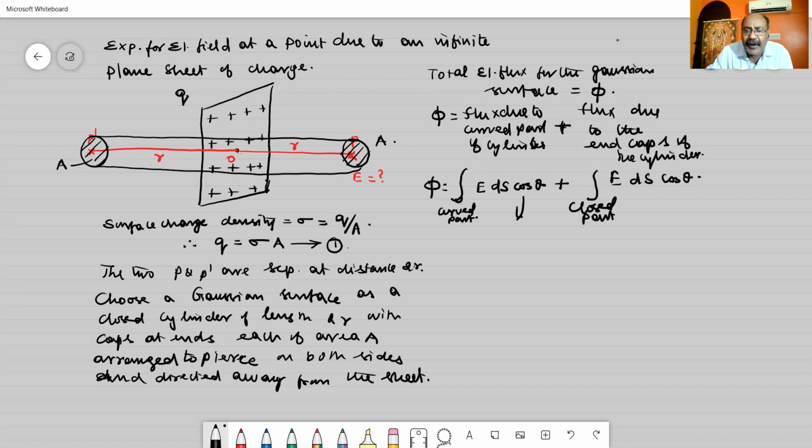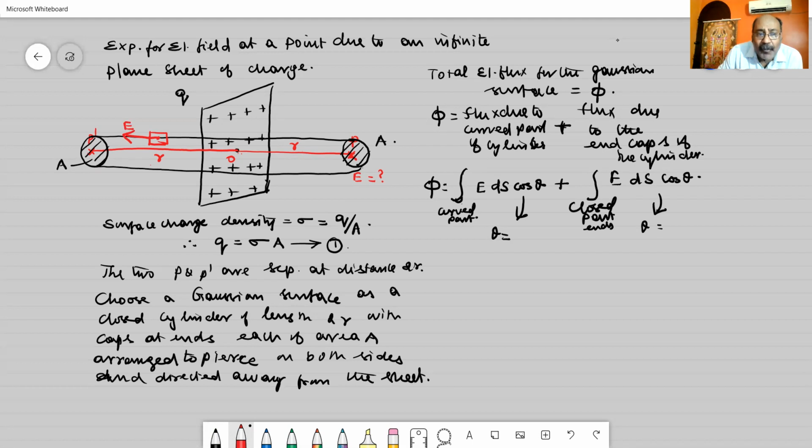See, in the curved part, what is the value of theta? And in the closed part at the ends, what is the value of angle theta? Let us consider the curved part first. If I am considering a small area, the electrical field acting at that curved part will be acting away, since the charge is considered to be positive.